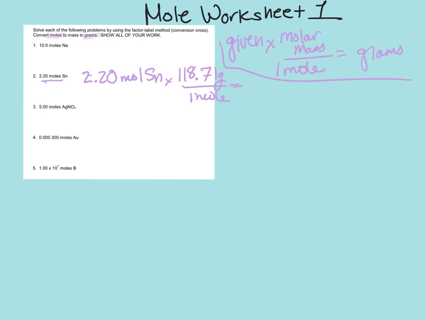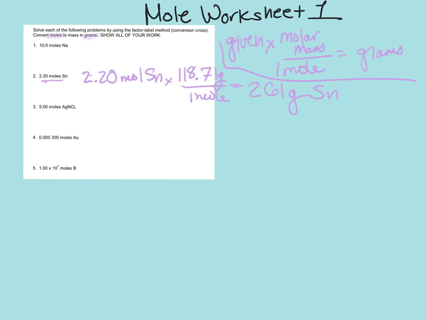And when we multiply that, we get 261 grams of tin.